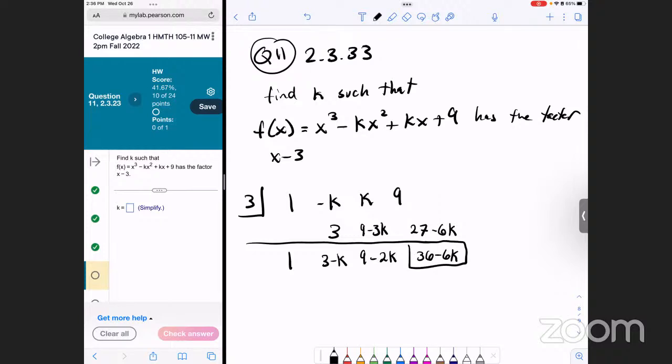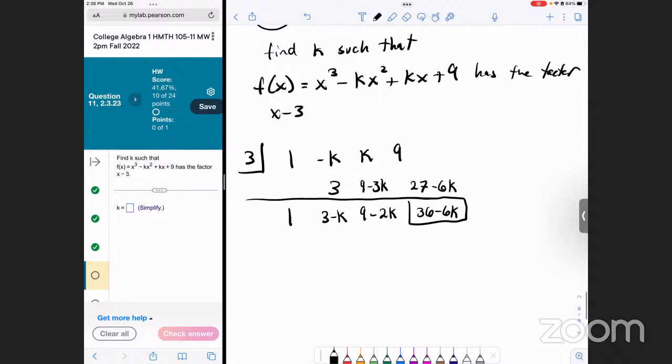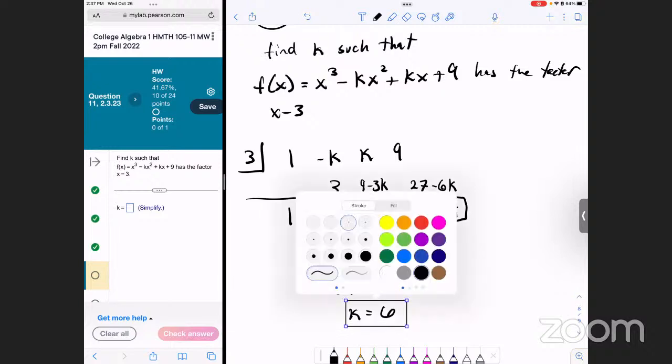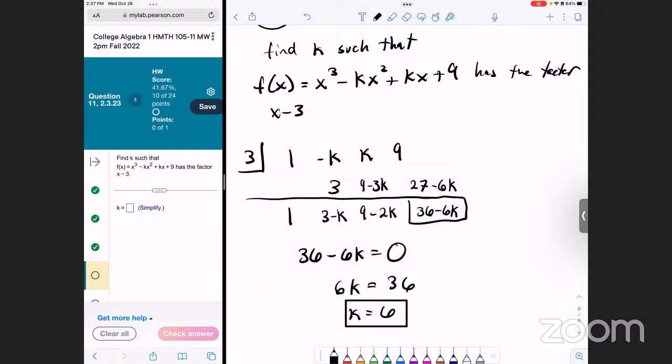But in order for this linear binomial to be a factor, that remainder has to equal 0. So then we're going to set 36 minus 6k equal to 0 and solve. We'll get 6k equals 36. So then k equals 6. Okay, hopefully that was okay. So then we got a 6 here. So I'm just going to put 6 and go on.